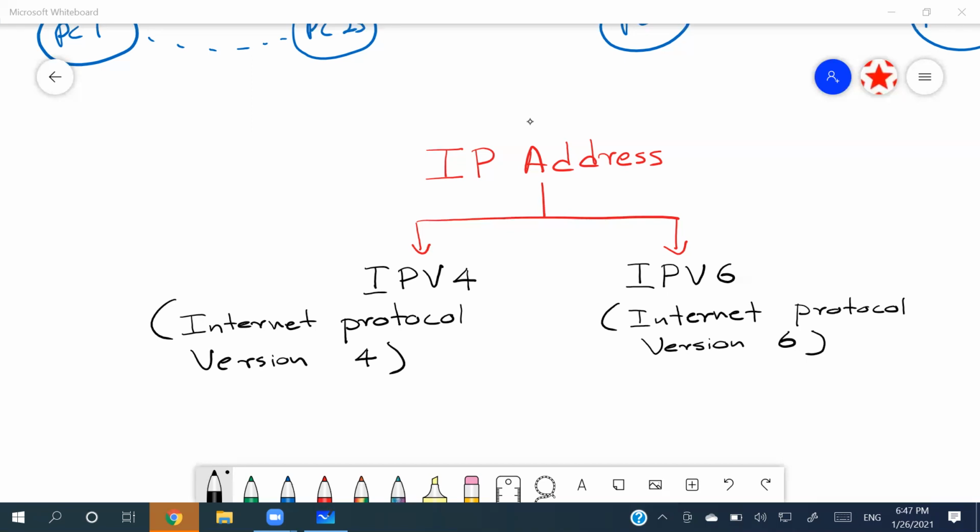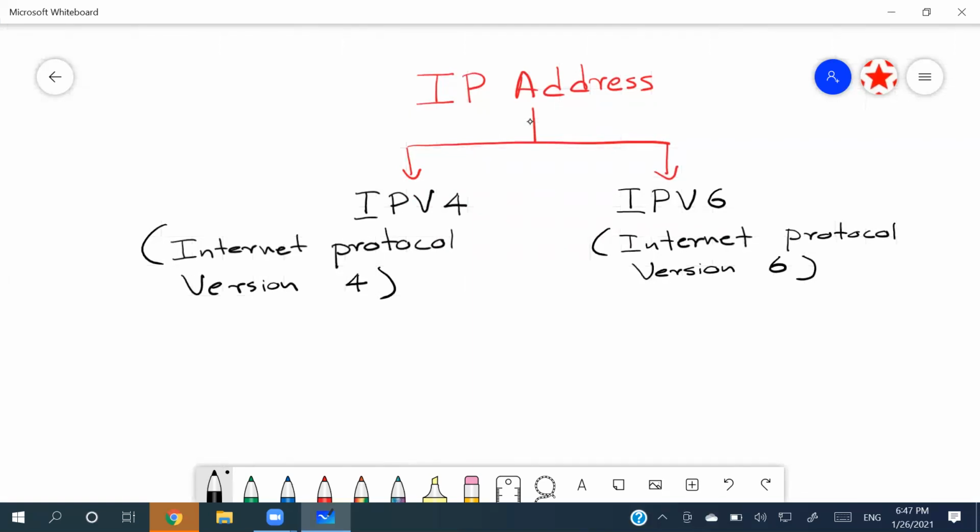So IP addresses are divided into two major categories, which are called IPv4 addresses and IPv6 addresses. And these IP addresses consist of ones and zeros, right? An IPv4 address has 32 bits. 32 bits means 32 ones and zeros inside that address, and IPv6 has 128 bits inside that address, right?